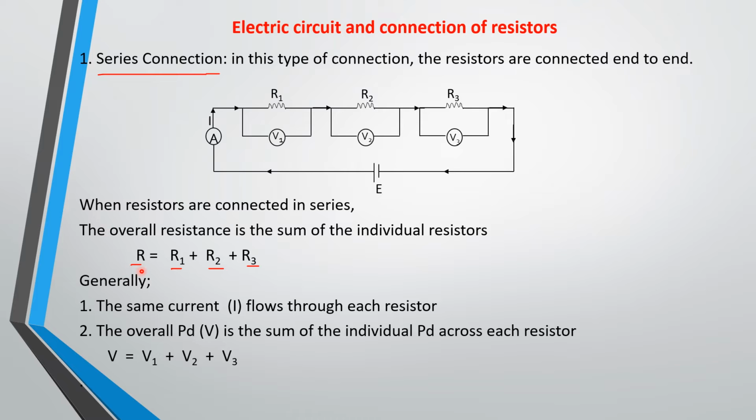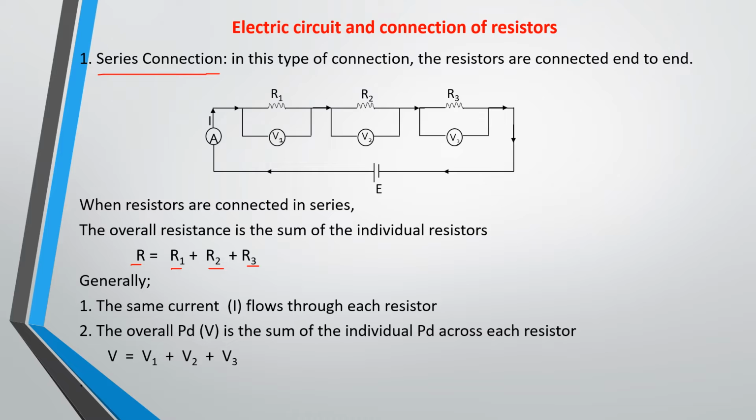Then the overall voltage of this arrangement is the sum of the individual potential differences. So for you to get the overall PD, you have to add V1 plus V2 plus V3 as the case may be. If it is only V1 and V2, you add the two. If they are up to 4, you must add everything together to get your overall voltage.